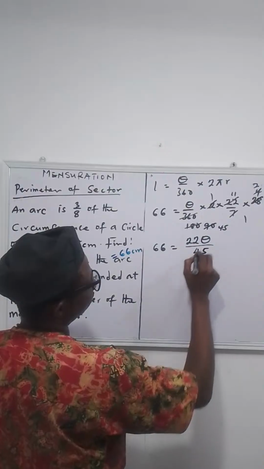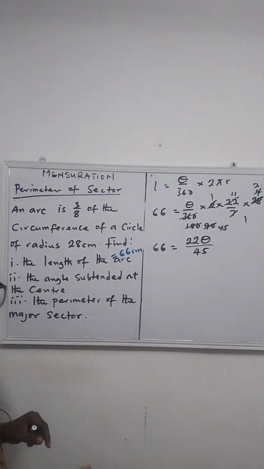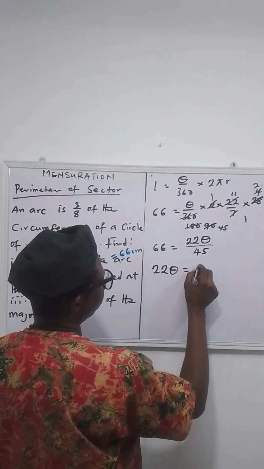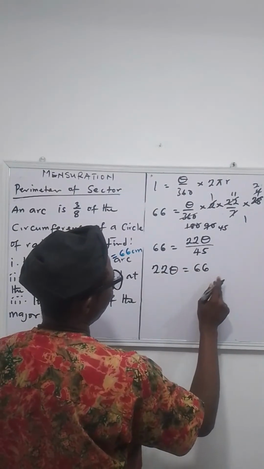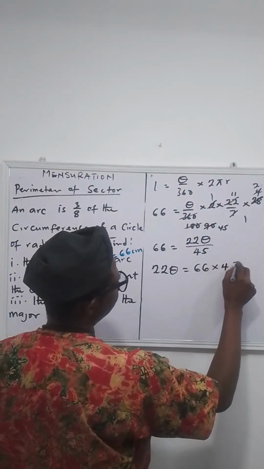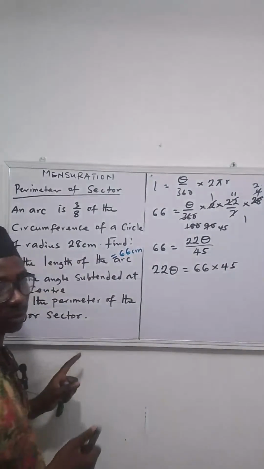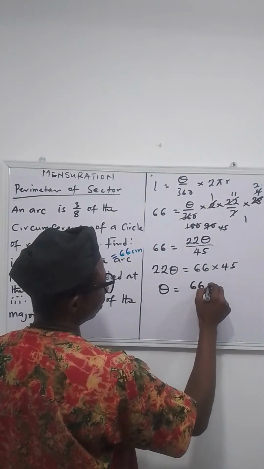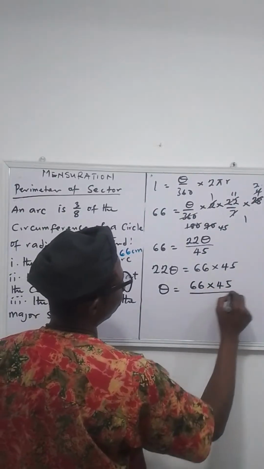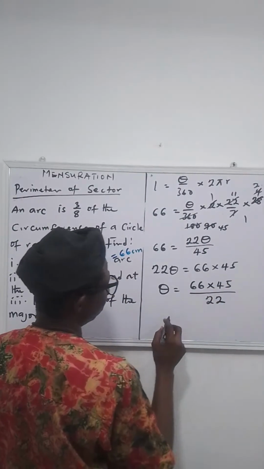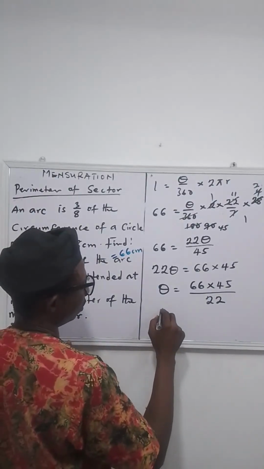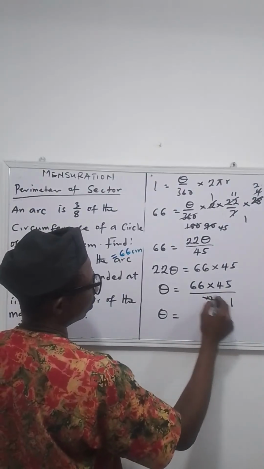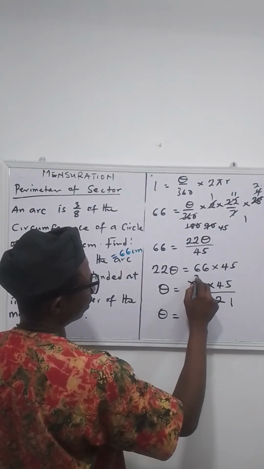We have 45. So here you can cross multiply. So we have 22 theta equals 66 times 45. So you can divide both sides by 22. We have theta equals 66 times 45 over 22. So theta equals, now 22 goes here 1, 22 goes here is 3.